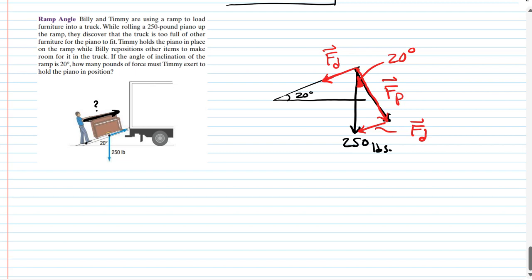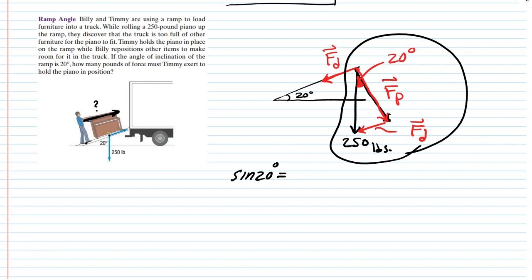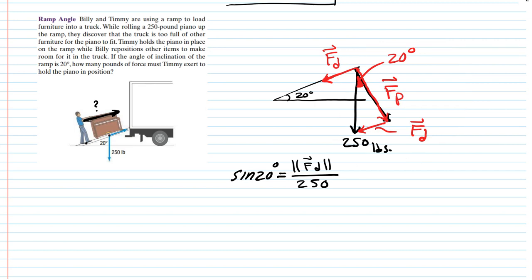And then we can simply do a sine, right? If I do sine of 20 degrees, and we're looking at this triangle, sine of 20 degrees is the ratio of opposite. Well, opposite is the magnitude of the force downhill, which is the force Timmy must exert on the piano, divided by the hypotenuse, 250.